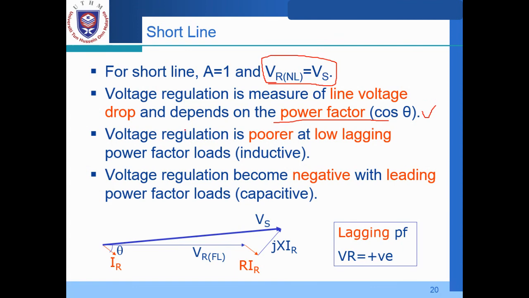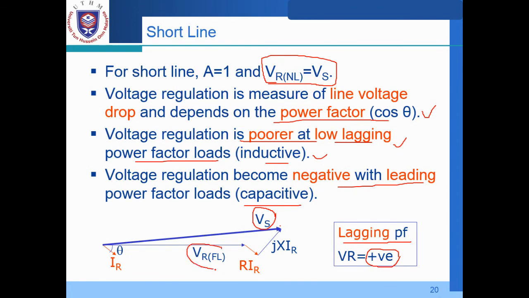Voltage regulation is poorer at low lagging power factor loads, or inductive loads. Then voltage regulation becomes negative with leading power factor loads, or capacitive loads. This is the example at the lagging power factor where the voltage regulation becomes positive, because if you look at this phasor diagram, the magnitude of VS is longer compared to VR.